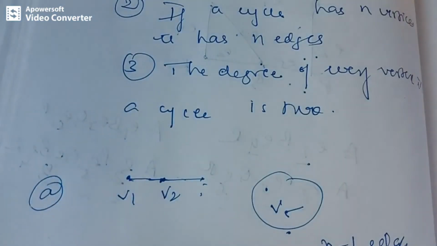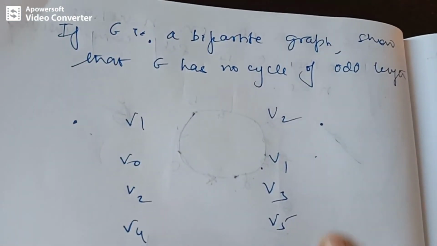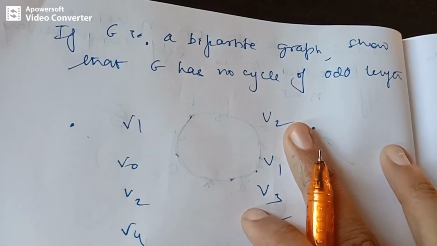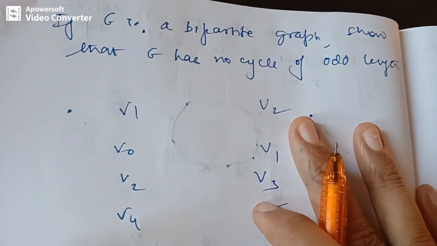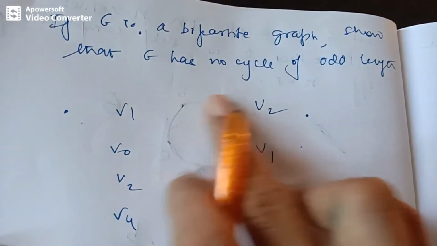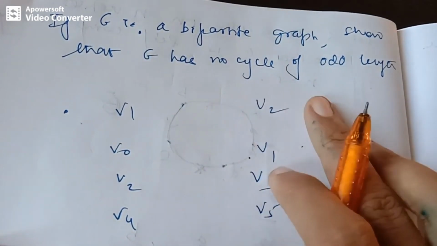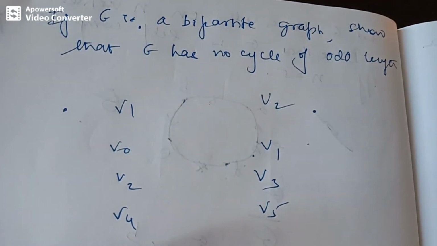So let's take the next question. Given G is a bipartite graph, with two bipartites, wherein the first bipartite vertex joins with an edge onto the second bipartite, we have to show that G has no cycle of odd length. Let's assume that G is bipartite.